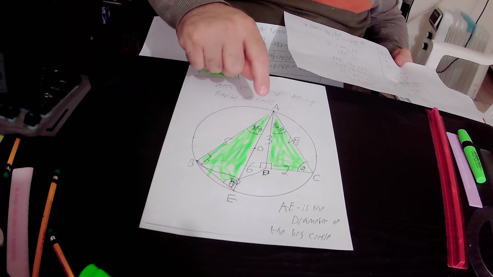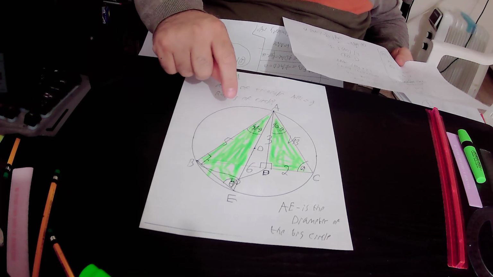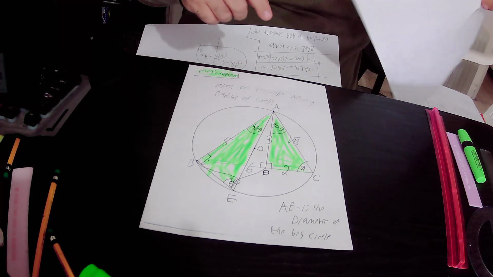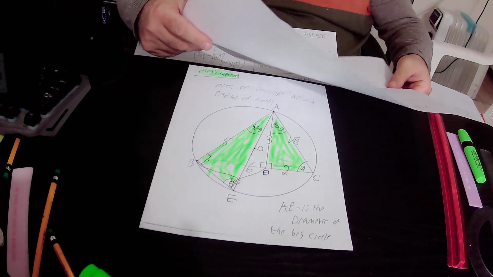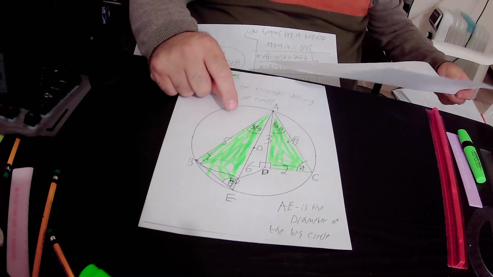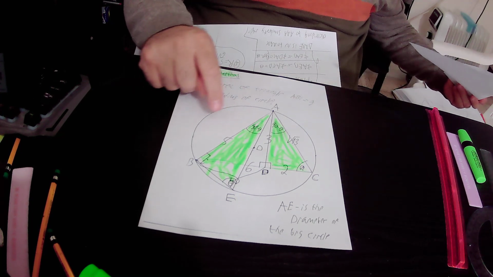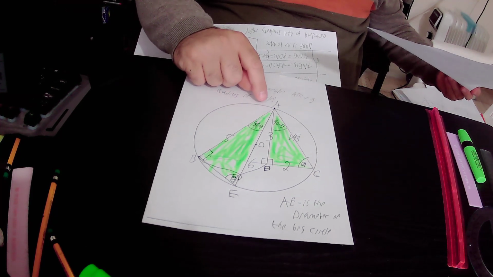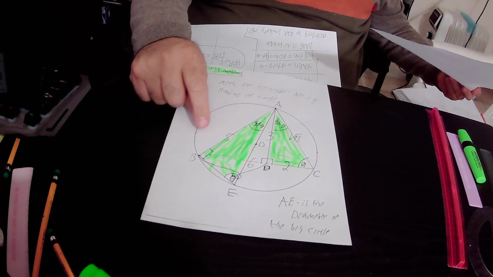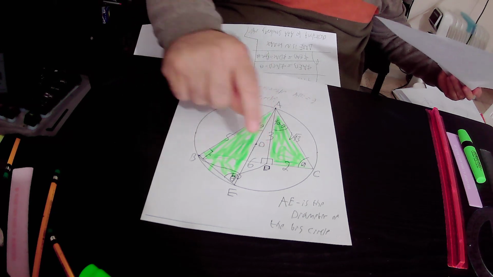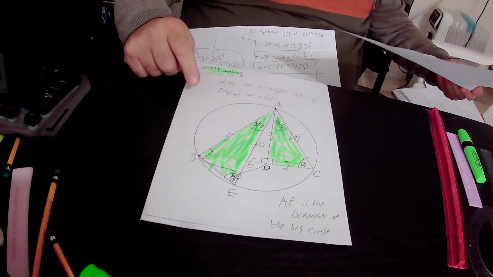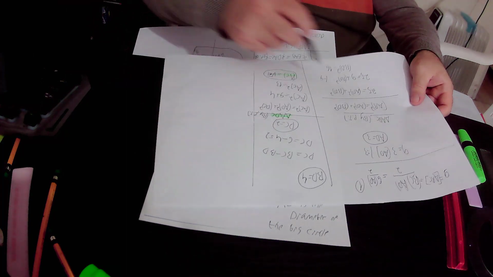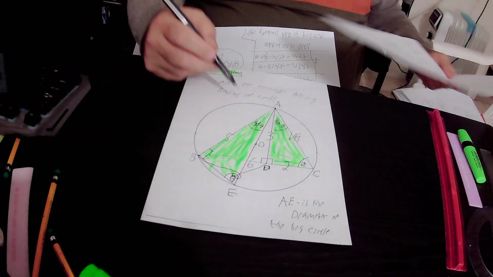Then we focused on triangle ADB. Triangle ABD is a right triangle, so we can implement the Pythagoras theorem on triangle ABD.